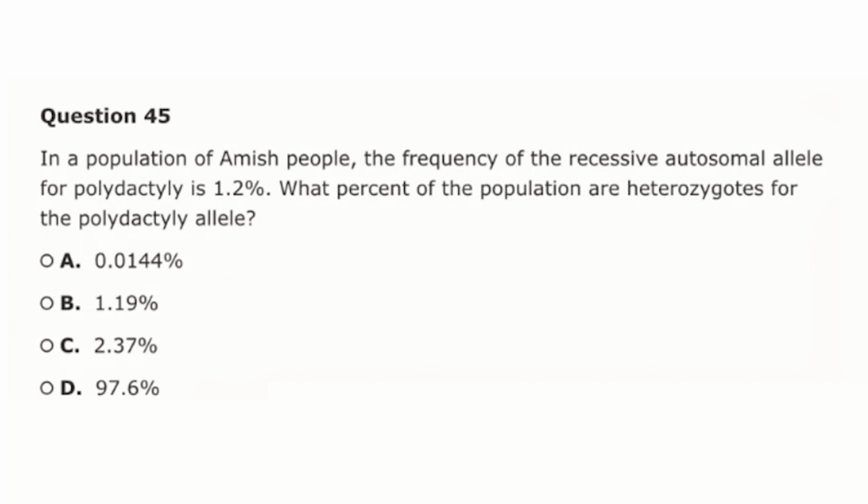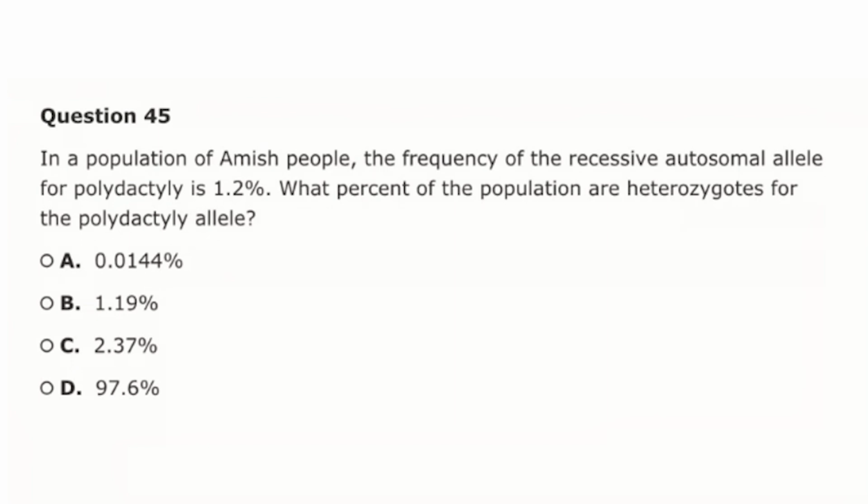Let me rephrase the question, which is always a strong thing to do here. What is it asking me? The frequency of this recessive autosomal allele is 1.2%. So it's saying 1.2% of the population has this recessive autosomal allele. What percentage of the population are heterozygotes for the polydactyly allele?